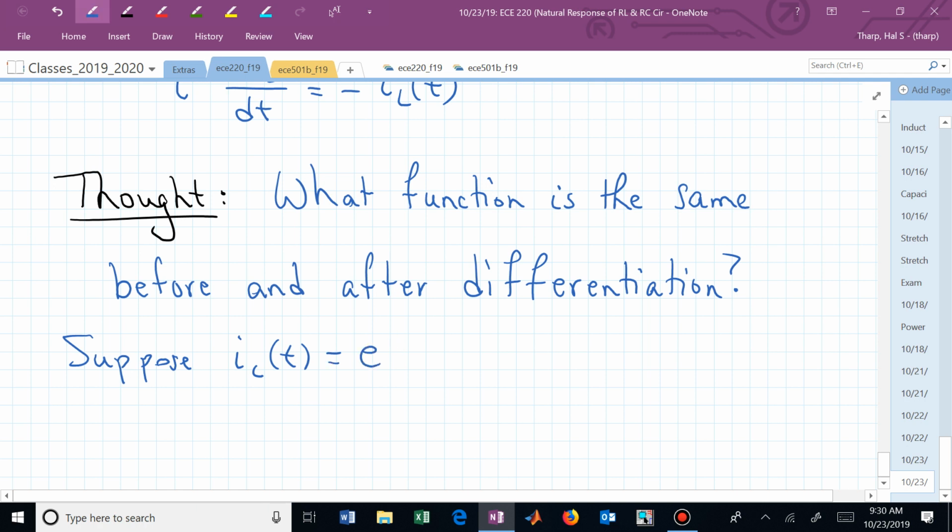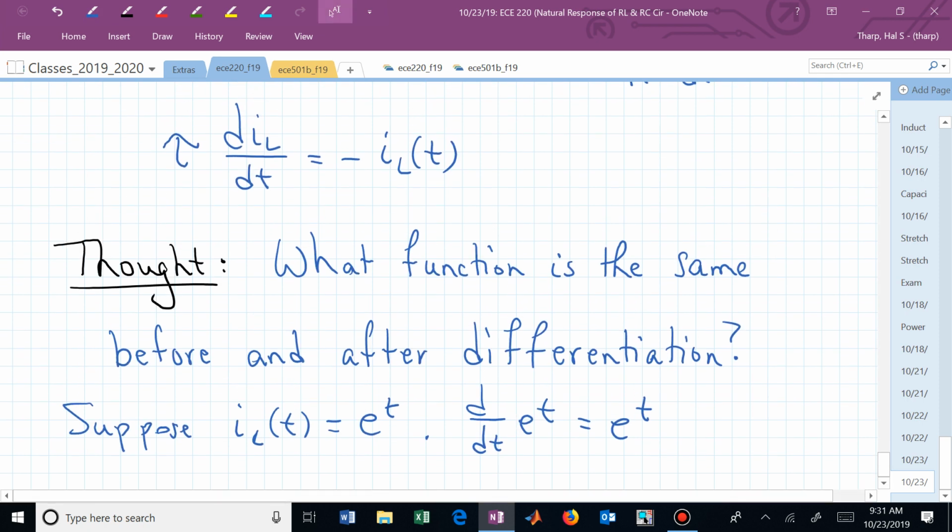Where did x come from? I sub L is in t, so let's just call it e to the t. Then if we differentiate that, that's e to the t. That's kind of what we want, but now if we look at ours, we had a negative sign in there.